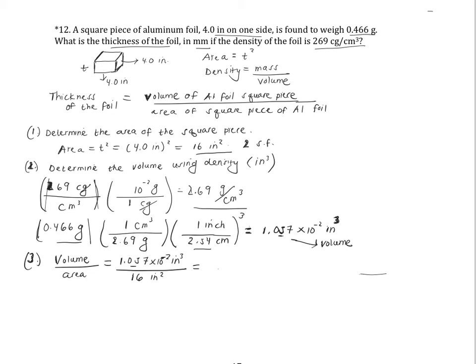And so if we calculate that, that will be 6.606 times 10 to the negative 4 inches. Because when we take inches cubed divided by inches squared, we're left with inches. And I'm going to put a line underneath the 6 to indicate we're going to stop at the 6 for 2 significant figures. And actually the last step is to convert inches to millimeters.